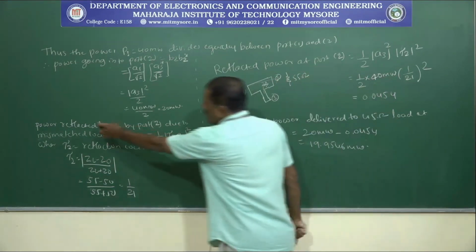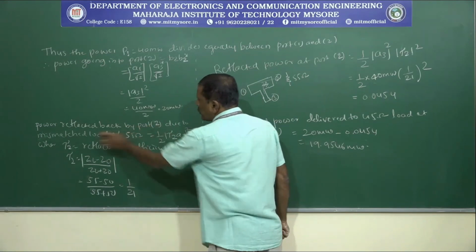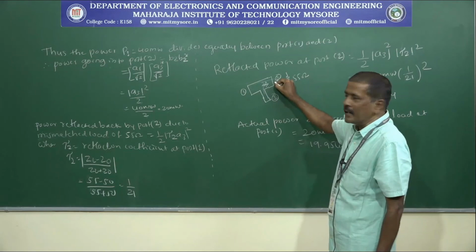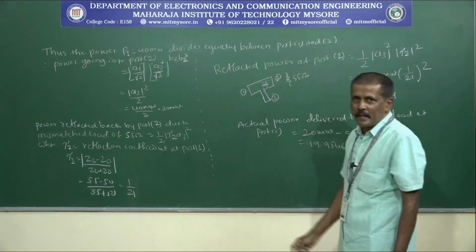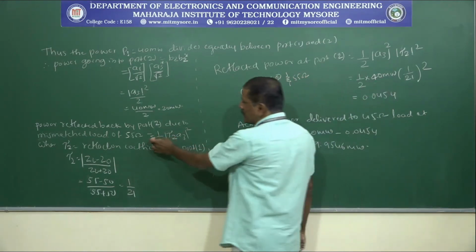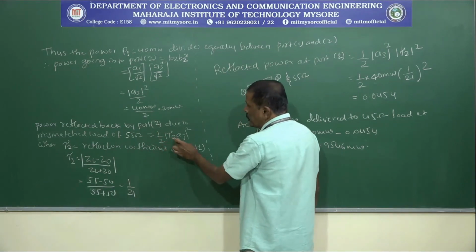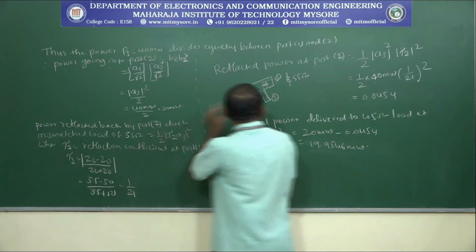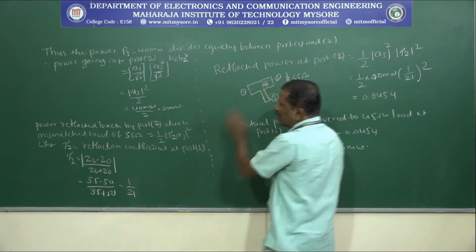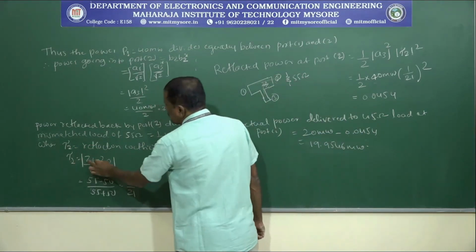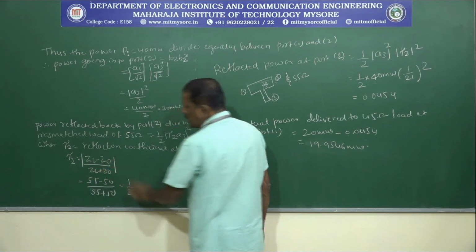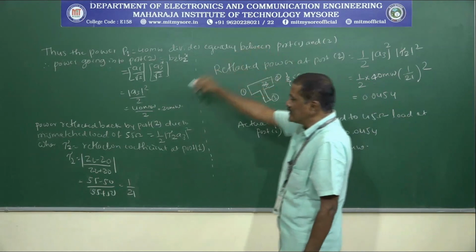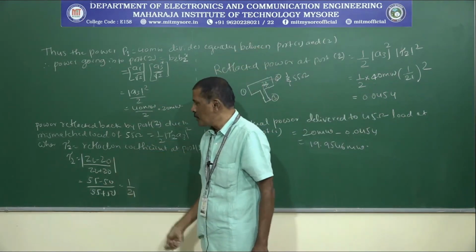Now the power reflected back by port 2 due to the mismatched load of 55 ohms. Because the mismatched load is connected here, some amount of the power is reflected back. The reflected power will be given by 1 by 2 tau 2 into A3 square, where tau 2 is the reflection coefficient of this particular port. Tau 2 you can calculate from ZL minus Z0 divided by ZL plus Z0, where ZL is given as 55 ohms and Z0, the characteristic impedance, is 50 ohms.